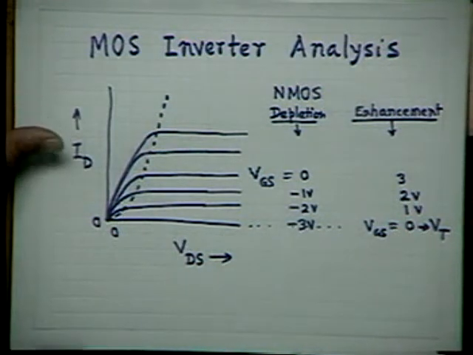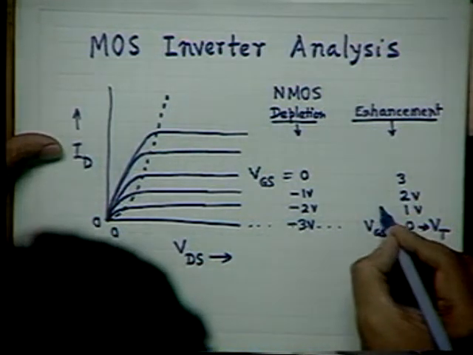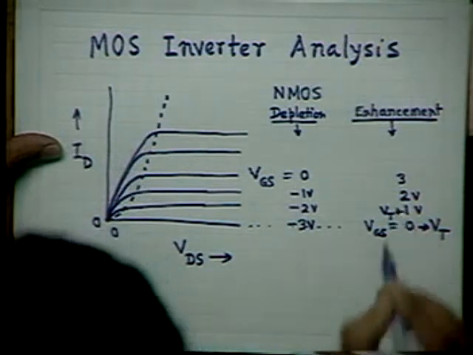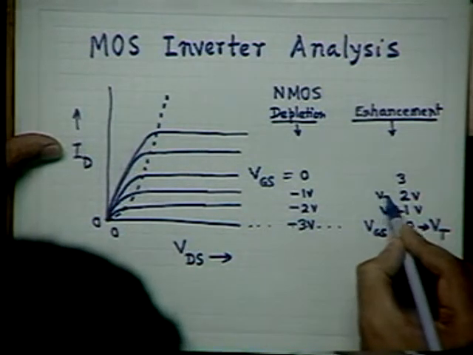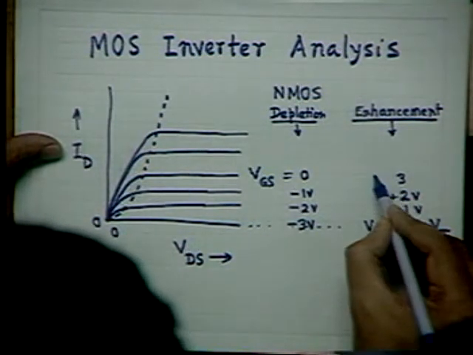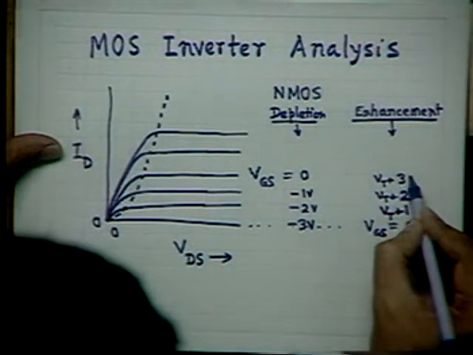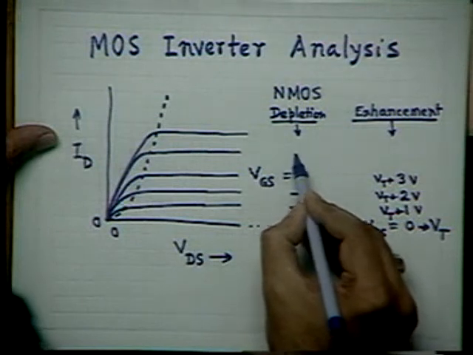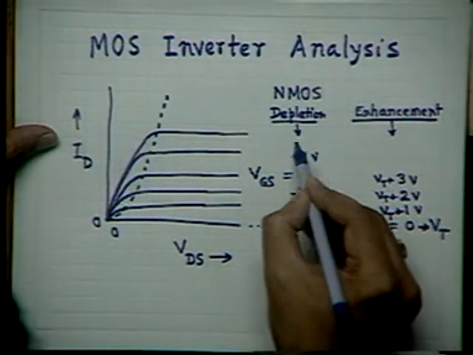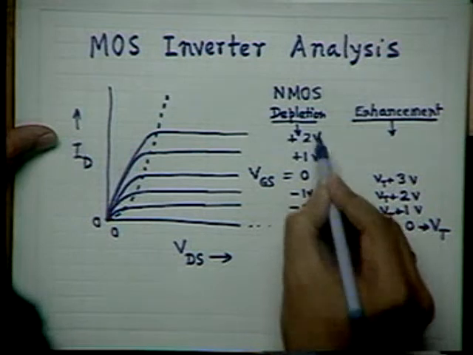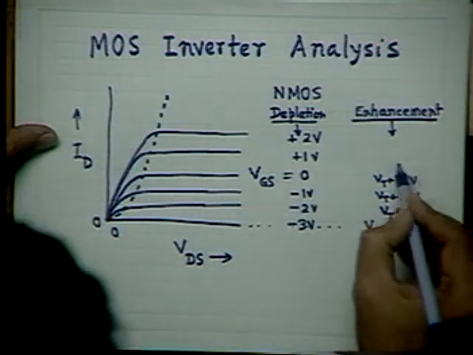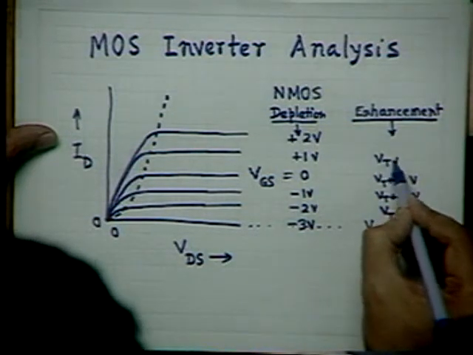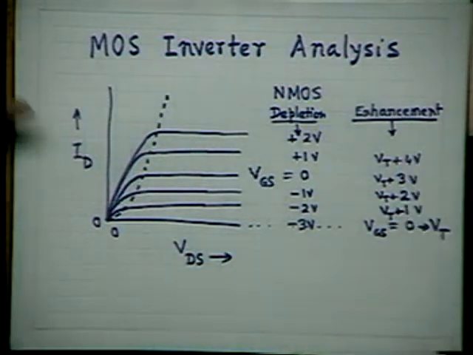I don't think so. It will be threshold plus. So I will write VT plus 1, VT plus 2, VT plus 3, and so on. Similarly, for this particular case, this may be for +1 volt, +2 volt, etc. In this case, VT plus 4 volt, and so on.